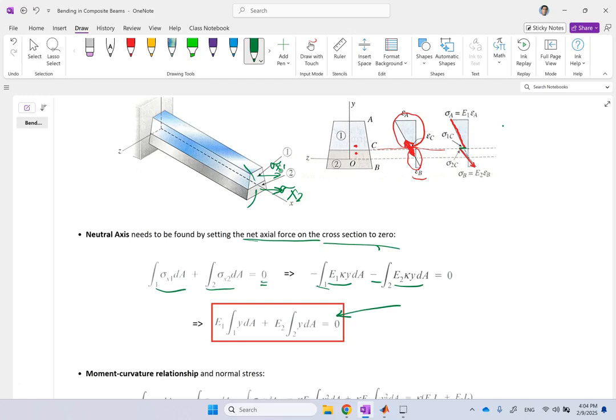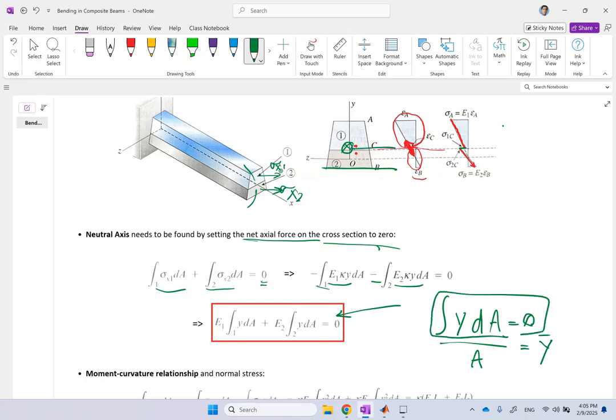Remember, the neutral axis is the location of the centroid of the cross section. And the location of the centroid of a cross section is this one: if you take with respect to any location the integral of y dA and then divide it by A, that is going to be y bar. But if you put your axis at the centroid and you calculate this integral, this first moment should be equal to 0, correct? Now, in this case, that's not exactly that.